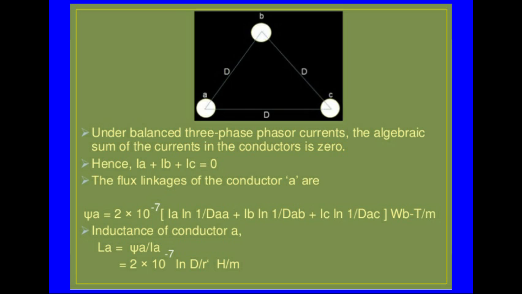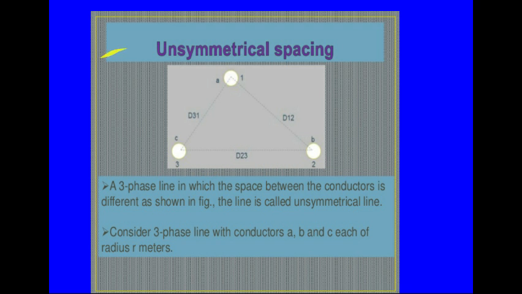Inductance of conductor A is given as LA equal to phi A upon IA, that is 2 into 10 to the power minus 7 ln D upon R dash, where R dash is 0.77 R.